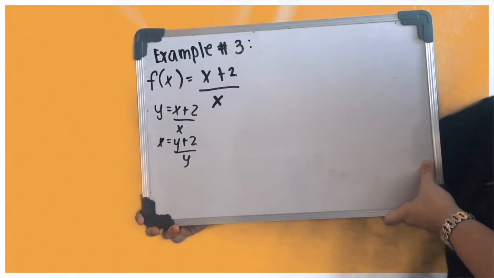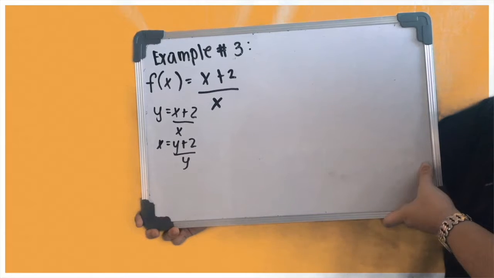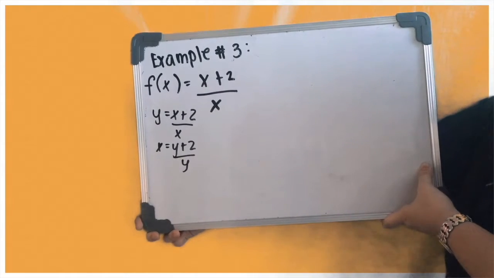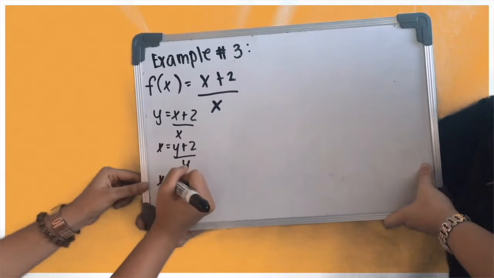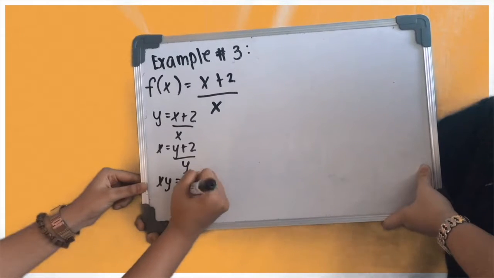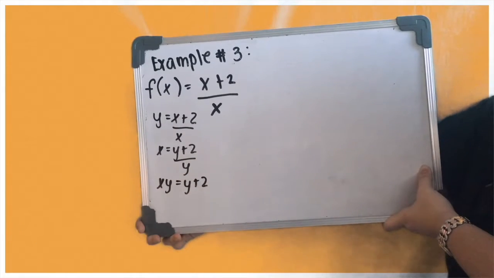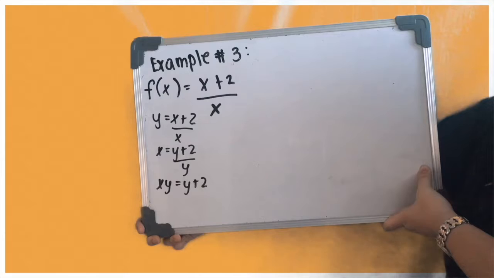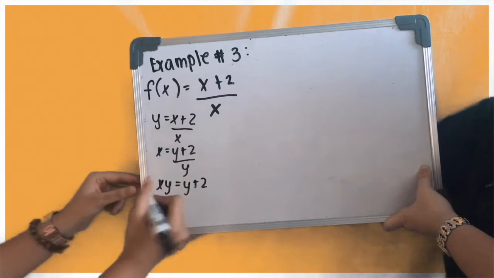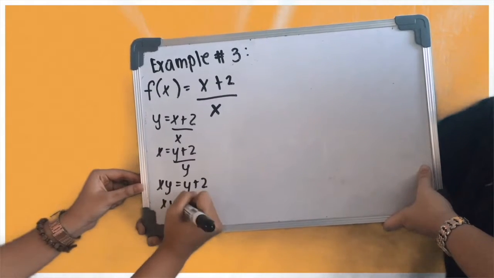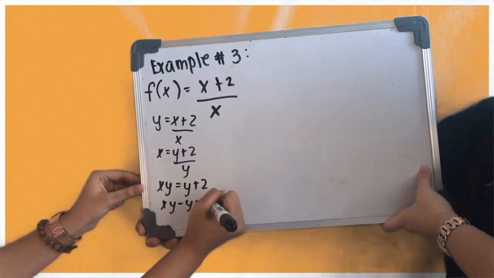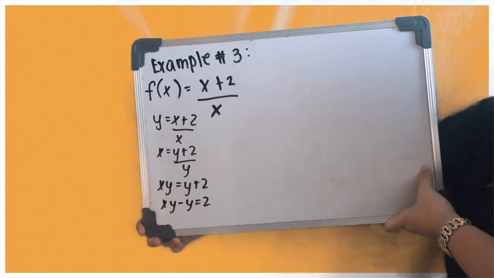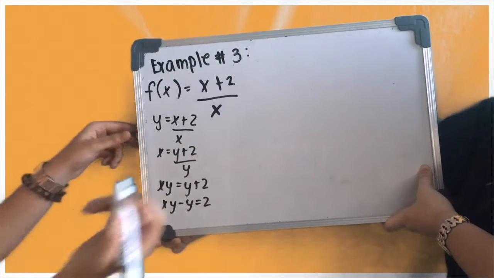In order to do this, we must first clear the fraction by multiplying both sides by y. Now, all the y should be placed on one side. Next, factor out the y.